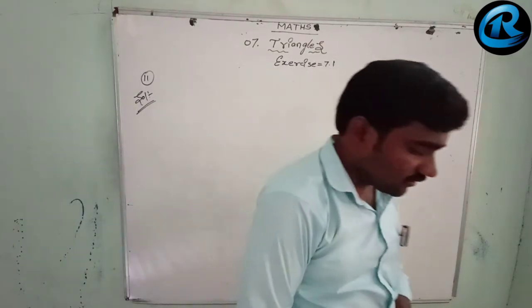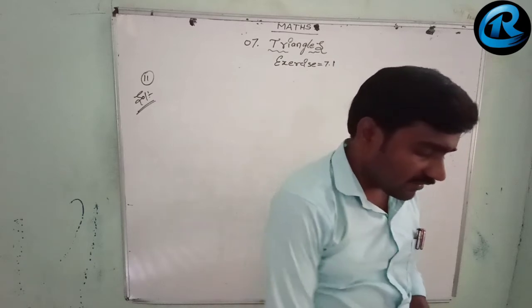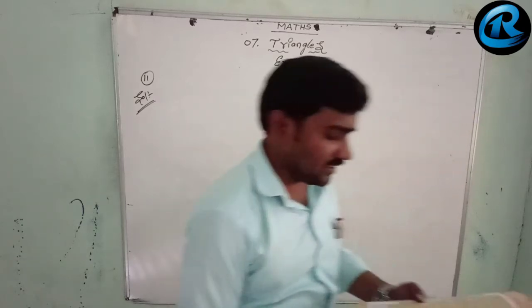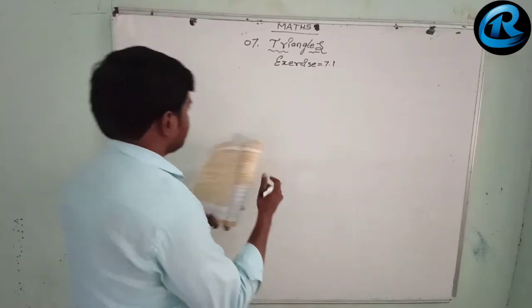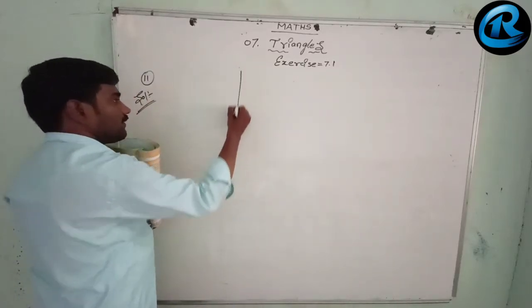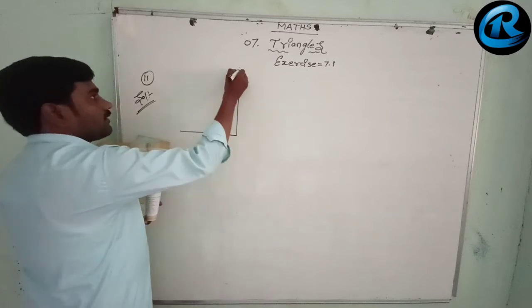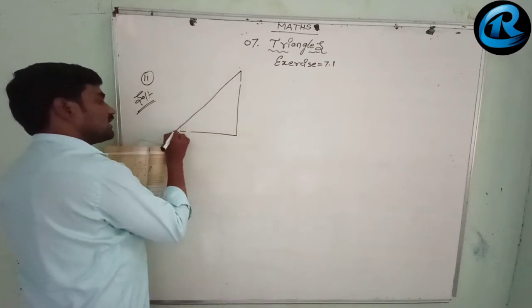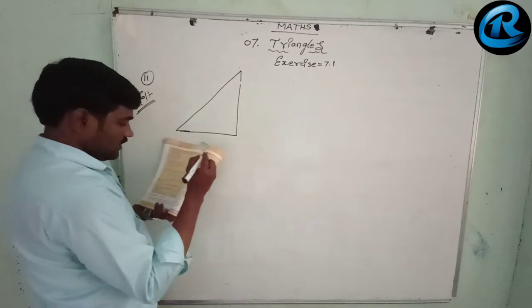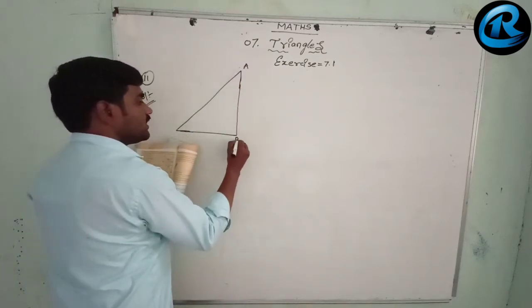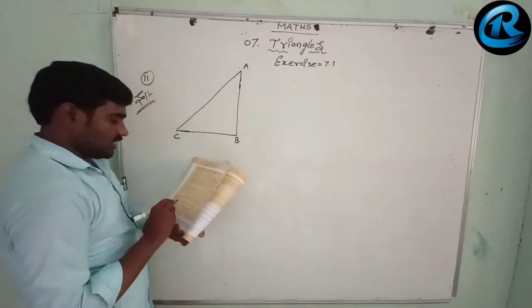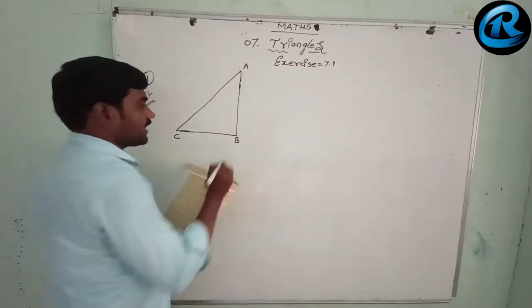Then we go for the 11th one. In the given figure, ABC is a right angle triangle, right angle at B. See that clearly.